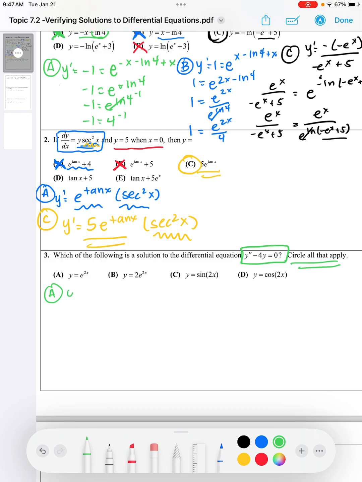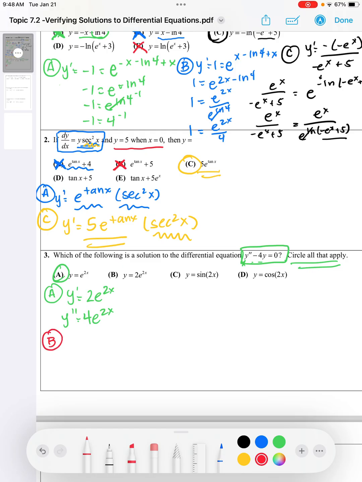So for A, y prime is going to be 2e to the 2x. And y double prime is going to be 4e to the 2x. And I'm looking to see if y double prime minus 4y is going to equal 0. So y double prime minus 4 times this, would that equal 0? And yes, that's true.